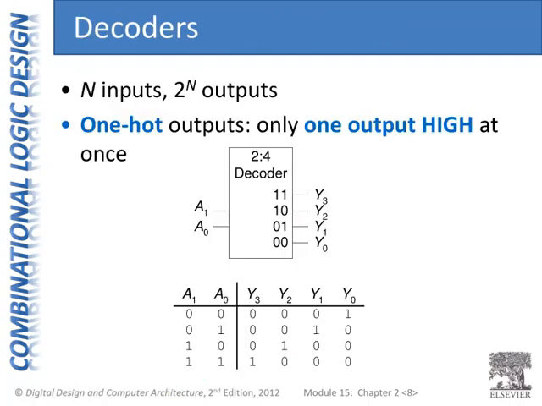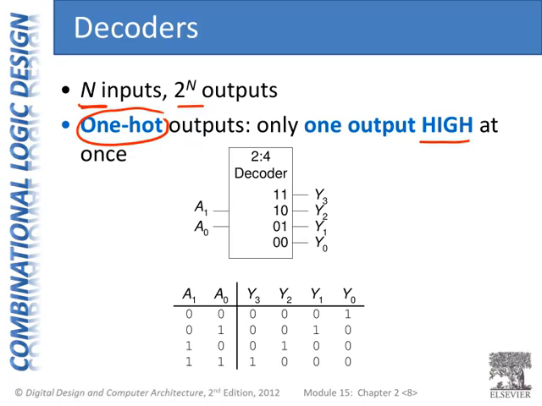The second circuit that we want to talk about, a common combinational building block, is the decoder. The decoder has n inputs and 2 to the n outputs. And the outputs are what's called one hot. That means one high output at once.